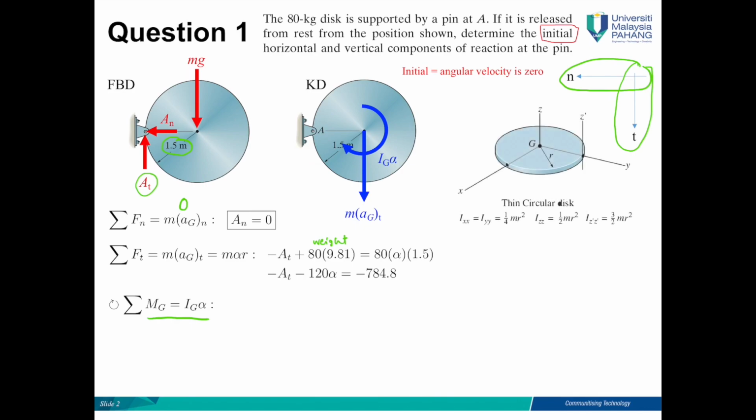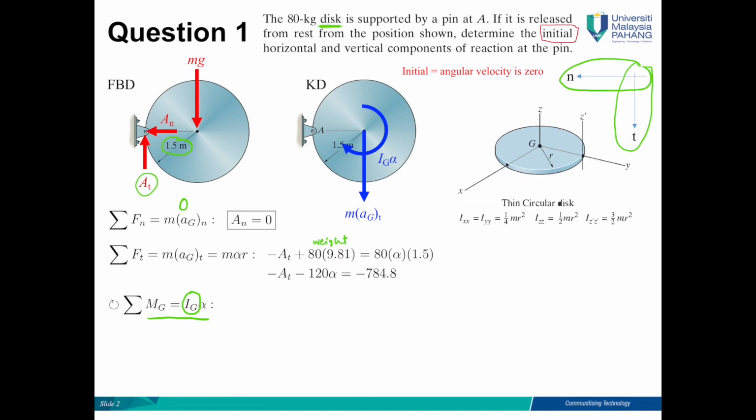All right. So now note that we need to know what is IG, which is the mass moment of inertia. So there is a table which lists down the formula to calculate the mass moment of inertia for several homogeneous shapes. This is one of the homogeneous shapes, which is a disk.